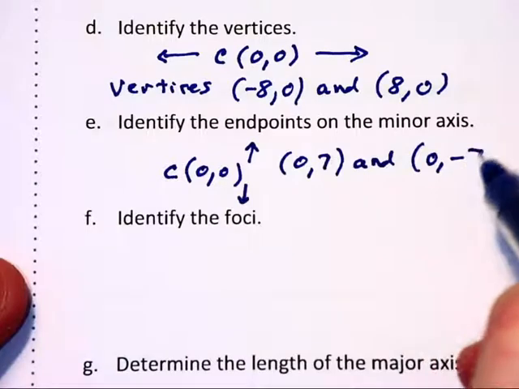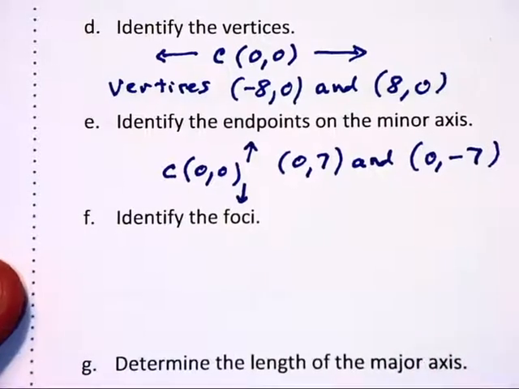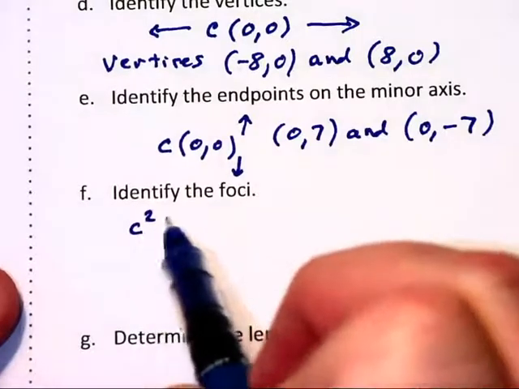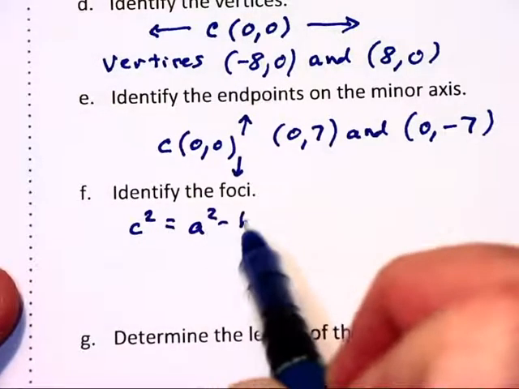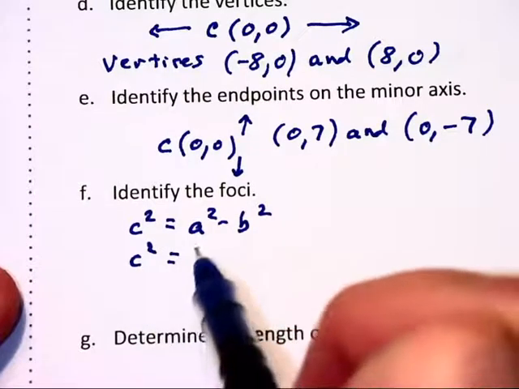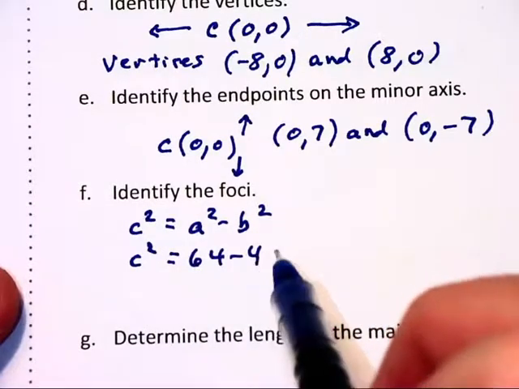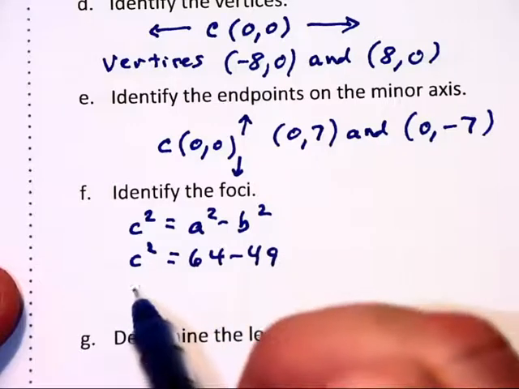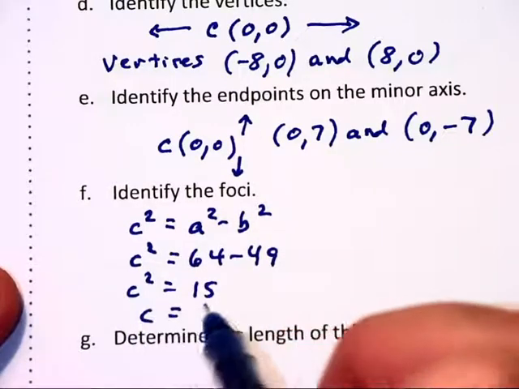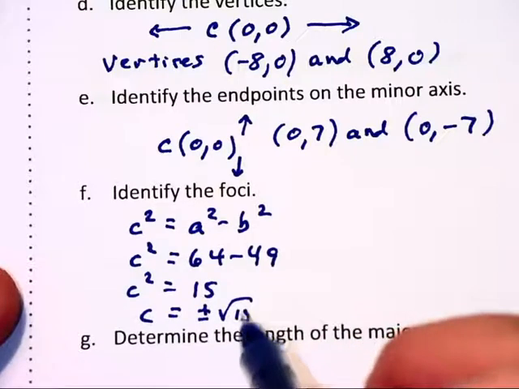So that tells us they will be located at (0, 7) and (0, -7). To identify the foci, you're going to begin with the equation c squared equals a squared minus b squared, and you're going to subtract those two denominators, 64 minus 49, which gives you 15. C squared equals 15, and c will be plus or minus root 15.